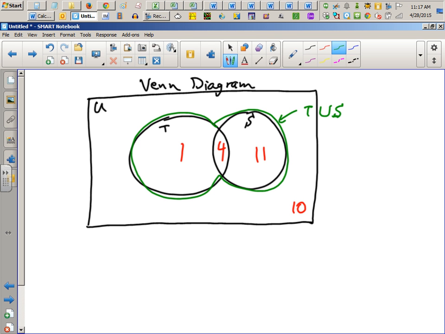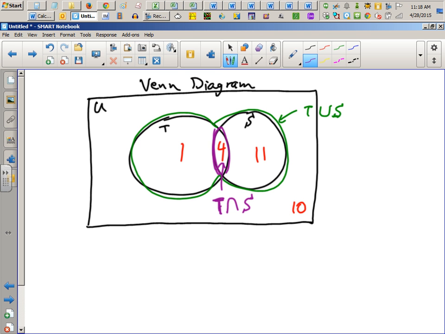I always think of soap bubbles, but that's like a snowman, head and body, okay? Everything inside here is T union S. T union S is a total of 16 terms. The little football in the middle, that little wedge, that's T and S, and it only contains 4 elements.